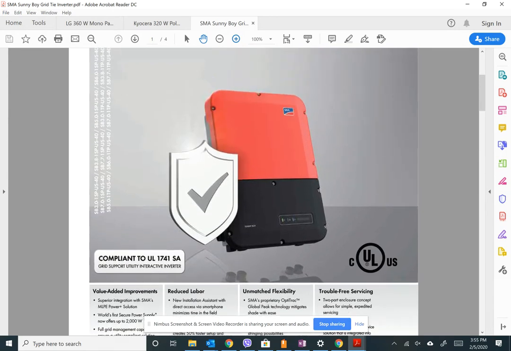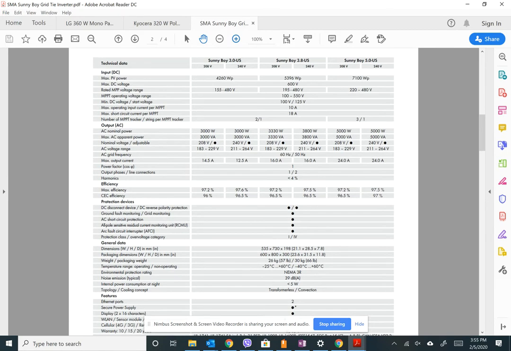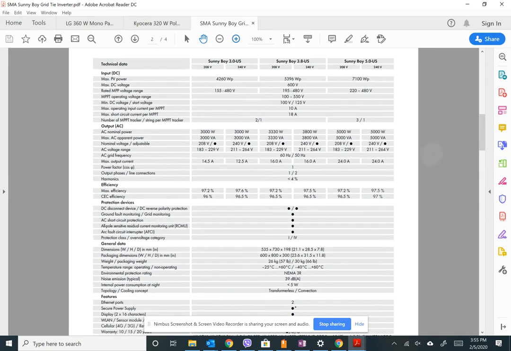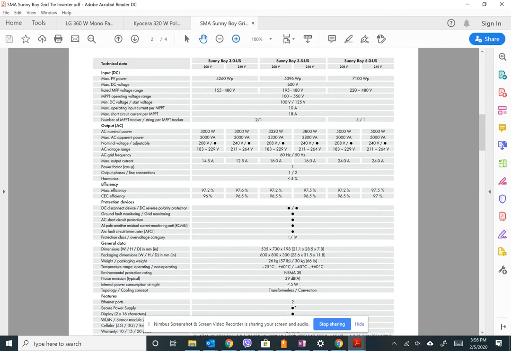All right, so we kind of looked at this on Monday. So we're going to use this again. All right. Now, what do we need to think about? We need to think about the inverter because our power is going directly into the inverter.